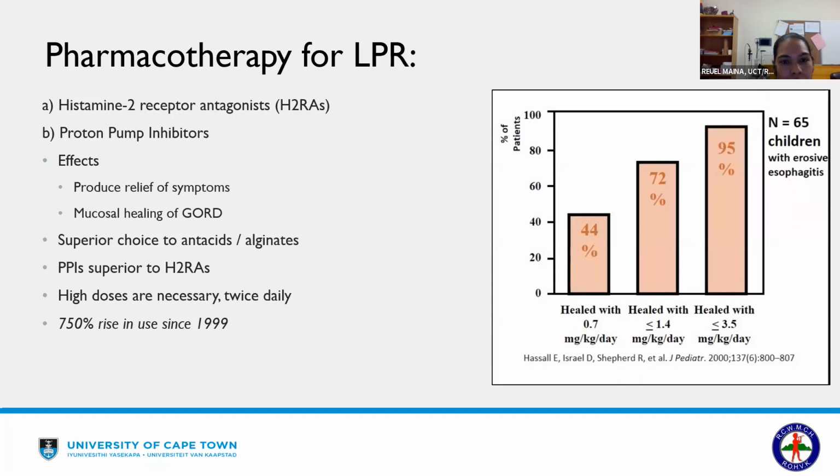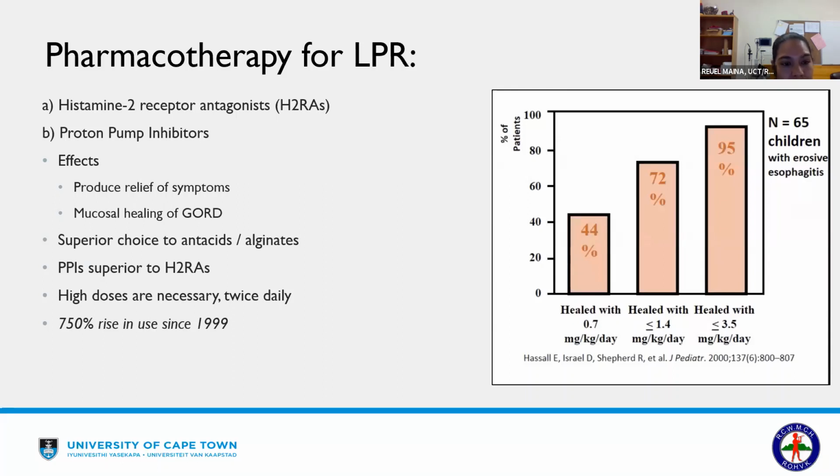Pharmacotherapy for LPR, looking specifically here at histamine 2 receptor antagonists and proton pump inhibitors, with proton pump inhibitors being the mainstay treatment nowadays for these patients. The effects are to produce relief of symptoms and mucosal healing of gastroesophageal reflux disease.